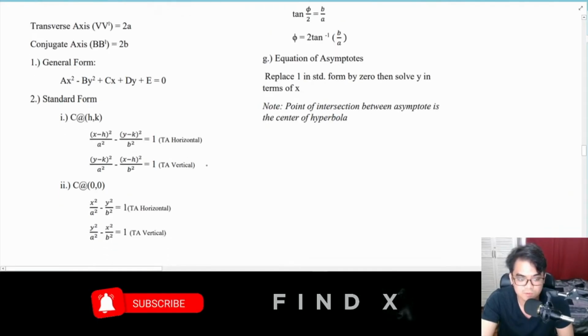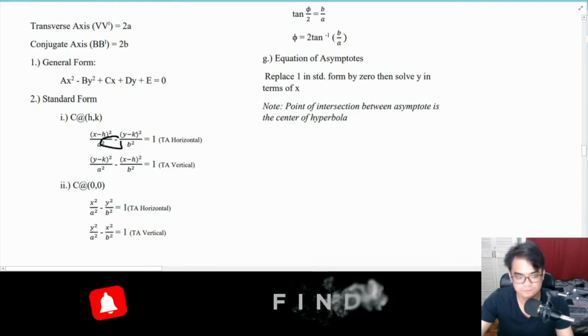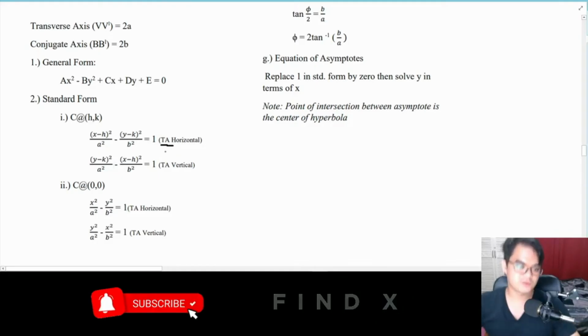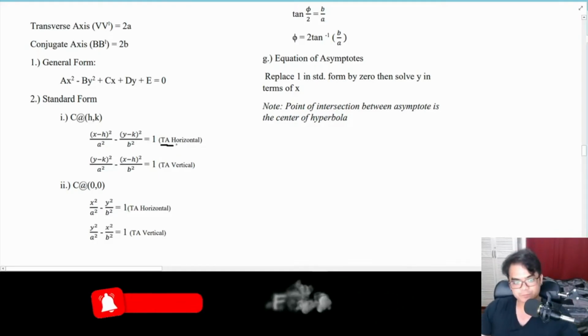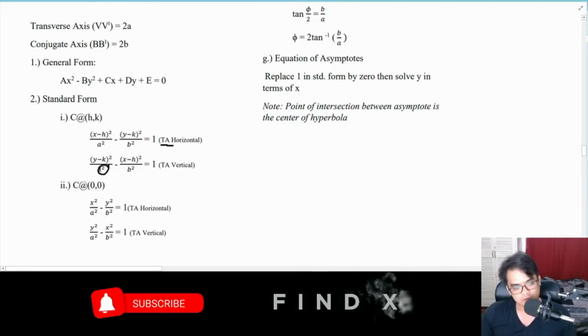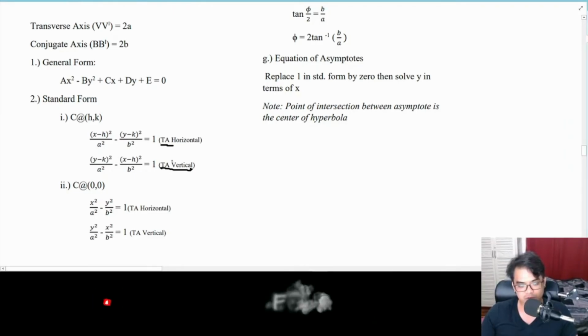So the standard form is just the same as the ellipse. The only difference is this is negative. So we have the transverse axis, which is horizontal. And then we have here y minus k squared, which is the transverse axis, will be vertical.